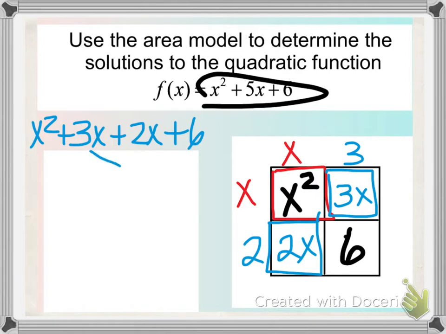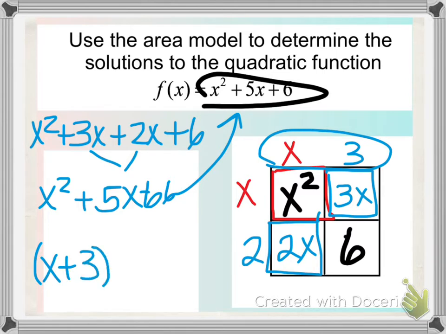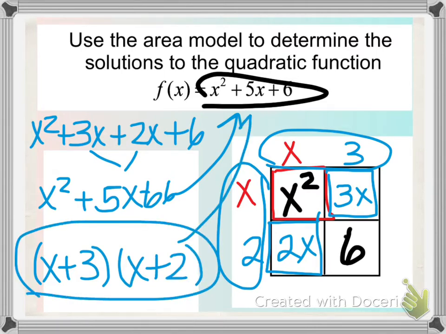If I combine my like terms, that gives me x squared plus 5x plus 6, which is what I originally had. So what were my factors? Well, the factors are on top. My first factor is x plus 3, and my second factor is on the sides, x plus 2.